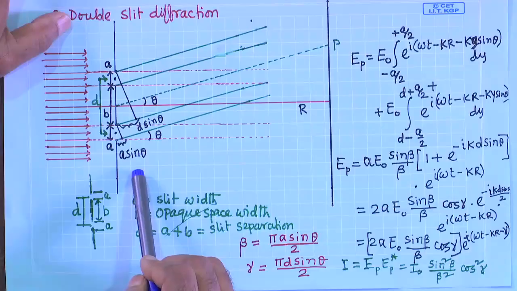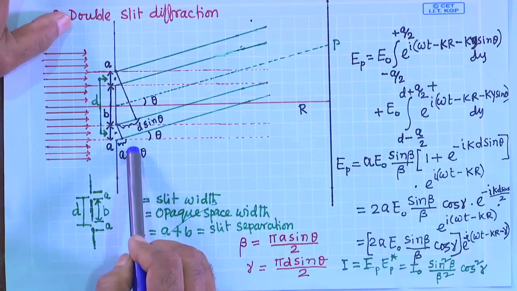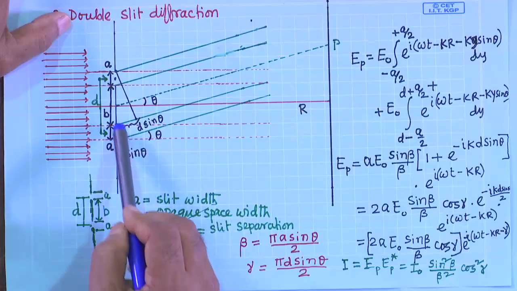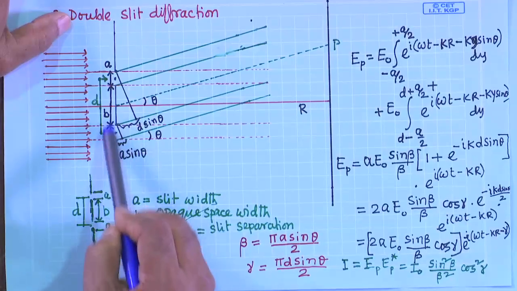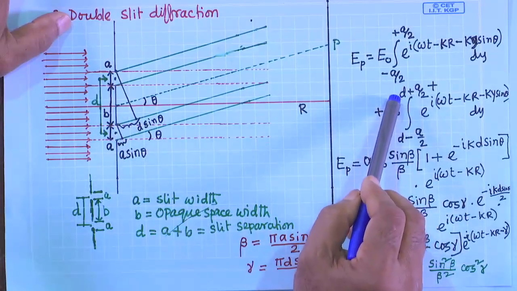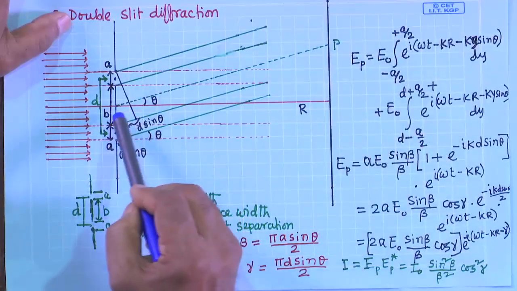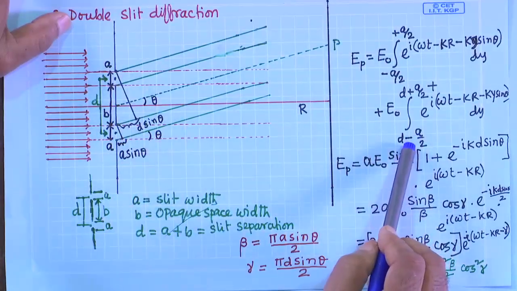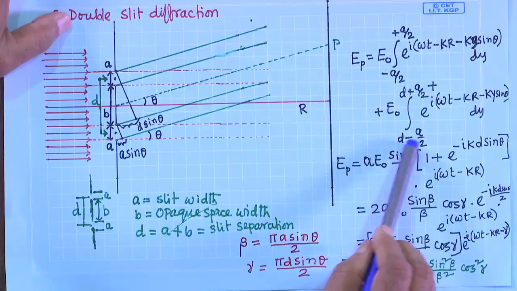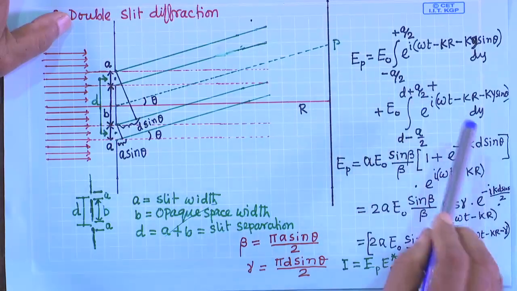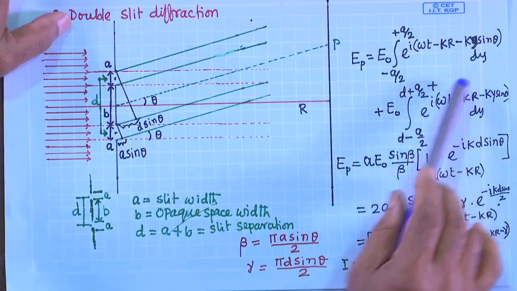So for this part we made the integration from minus a by 2 to plus a by 2, and for this part we put the integration limit d minus a by 2 to d plus a by 2.